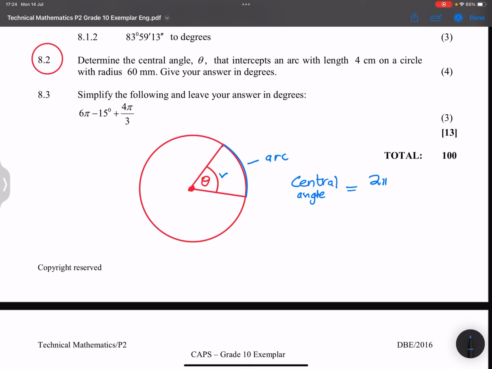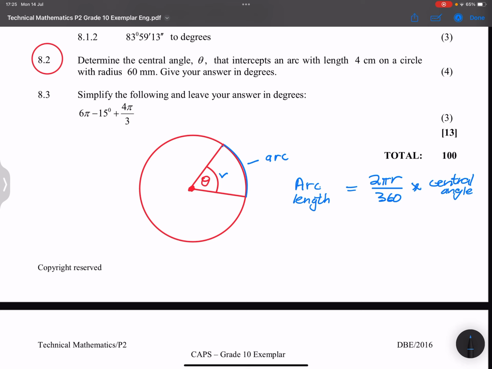We say this is going to be 2 pi r, that's the circumference of a circle, divided by 360, multiplied, in fact, I made a mistake here. I wanted to say the arc length, not the central angle. So the arc length would be 2 pi r over 360 multiplied by the central angle. Okay? There are all sorts of fancy names for that, and for now, let's just keep it tidy and simple.